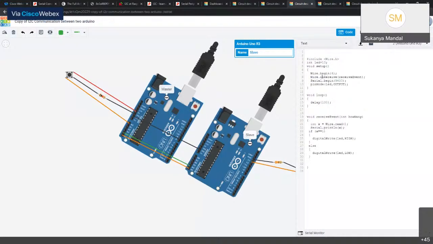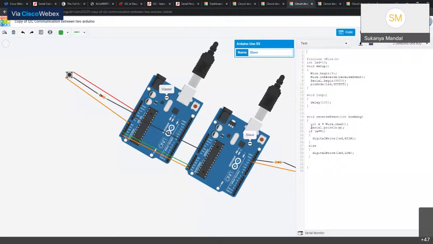On the slave side, we've configured the LED to pin 13. In void setup, we have Wire.begin with the address on which it receives the signal, the receive event, the baud rate at 9600, and then pinMode for the LED as output. Then we have a void loop, inside which we've put a delay of 100, which is, I guess, 0.1 milliseconds, if I'm not wrong.